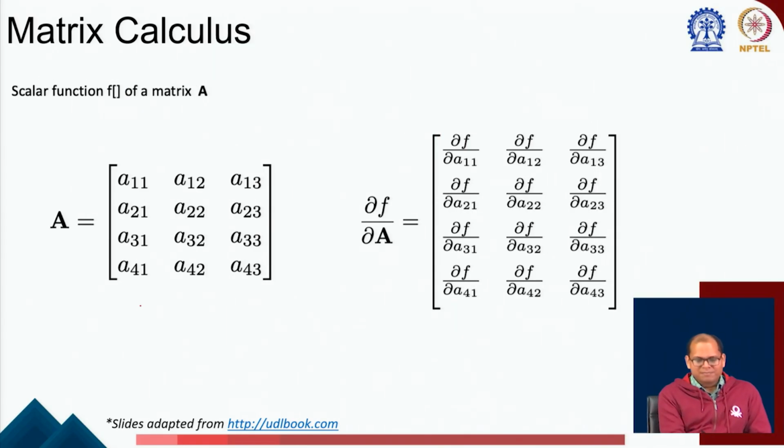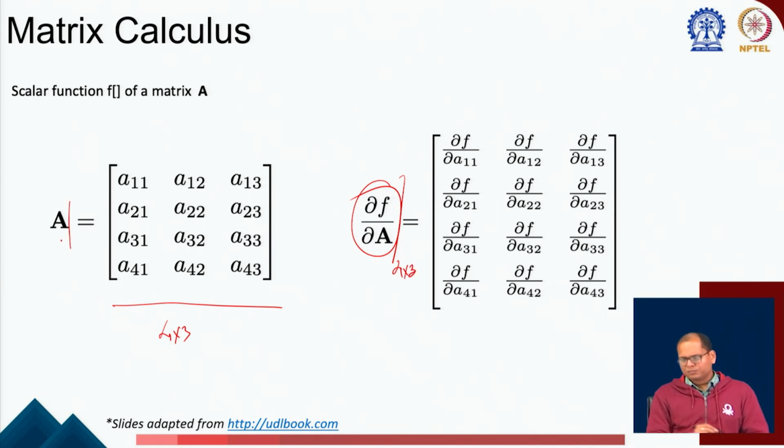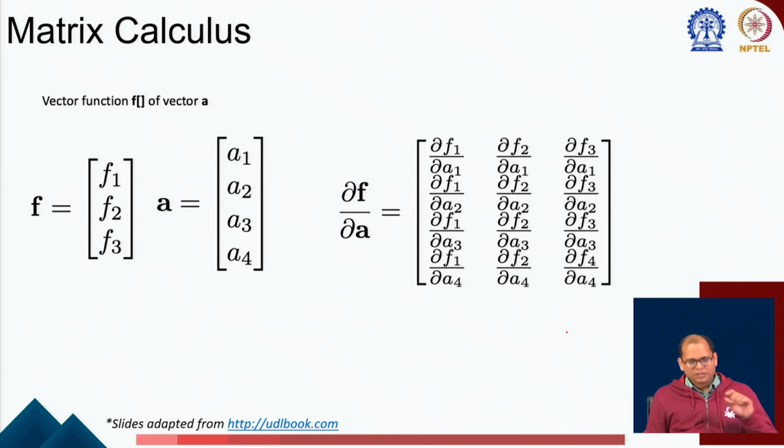Similarly, what if A is a matrix? It's a function of a matrix, and I have to do dou f over dou A. I will simply follow this layout. So A is 4 cross 3, and dou f over dou A will also become 4 cross 3, the same dimension as the matrix A. This is again denominator layout. Now, what if f is a vector and A is also a vector? What will dou f by dou A be?